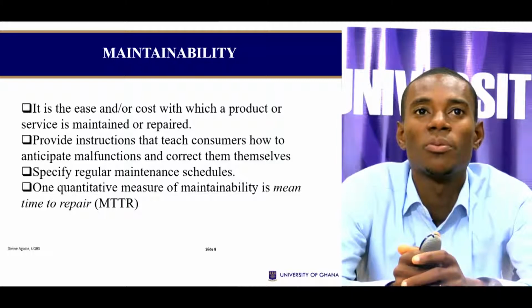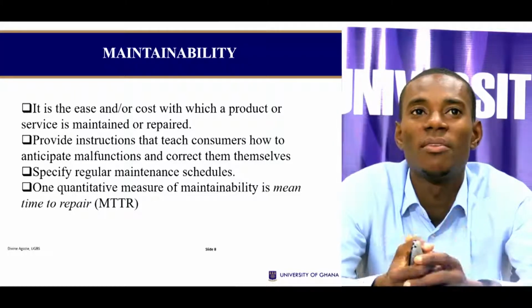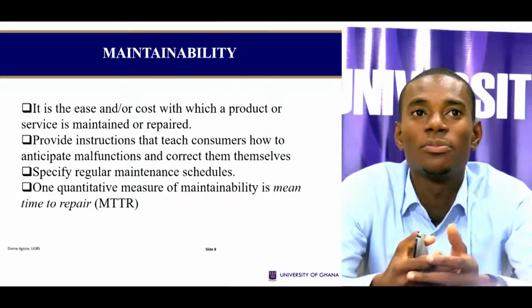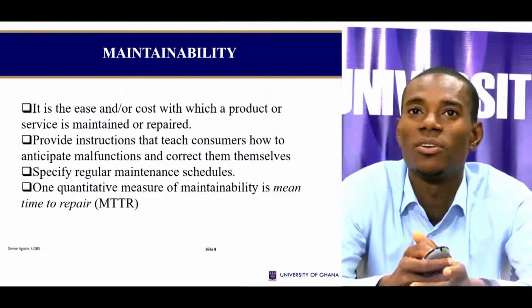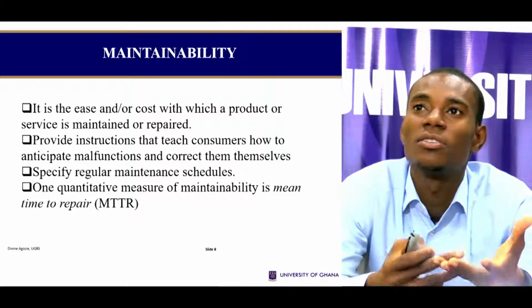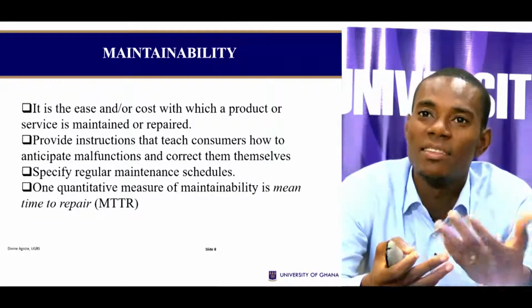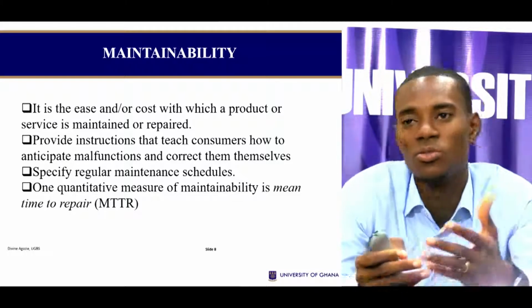Now, normally you find organizations providing self-help in the manuals and so on. They provide instructions that teach consumers how to anticipate malfunctions and correct them themselves. So you buy gadgets, and in the manuals they tell you, when you see this happening, do this, do that.